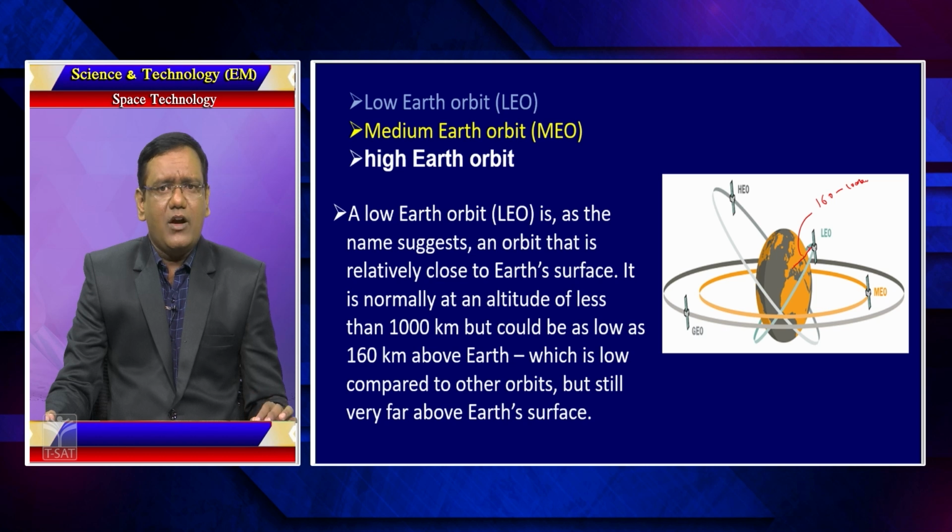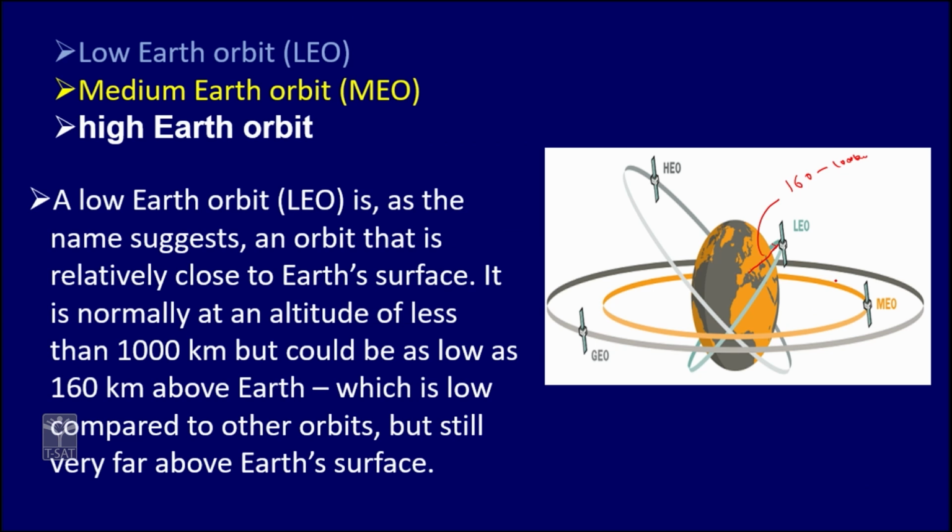Any orbit that is between 160 to 1000 kilometers from the Earth, we call that a low Earth orbit. This is very low compared to other orbits, but 160 is actually very high.